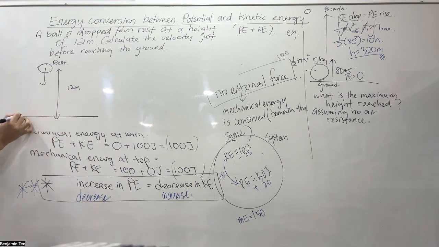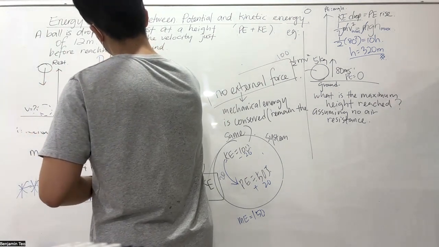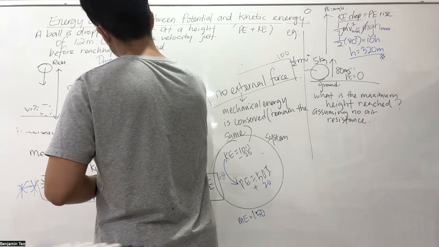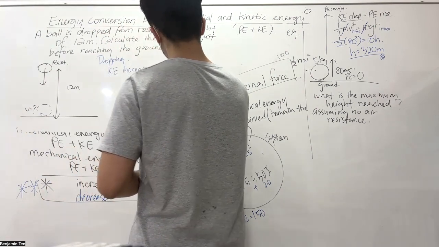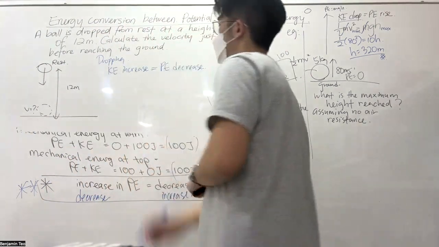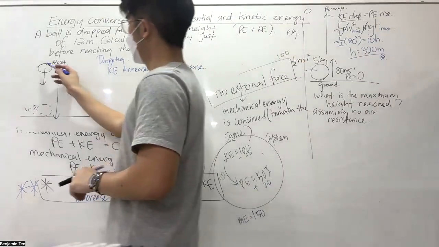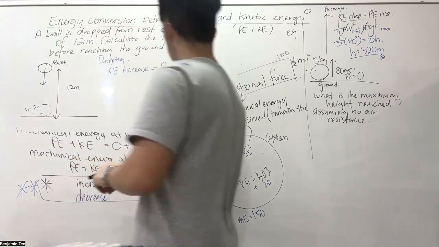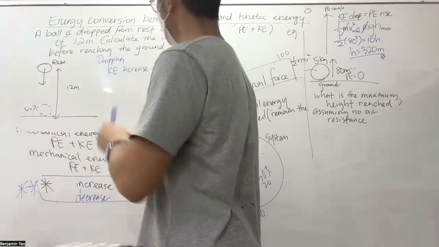Dropping the ball means KE increases. Height reduces. That's why your PE decreases.